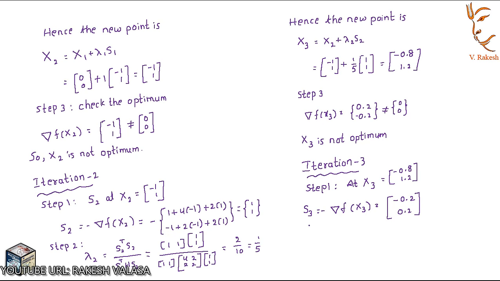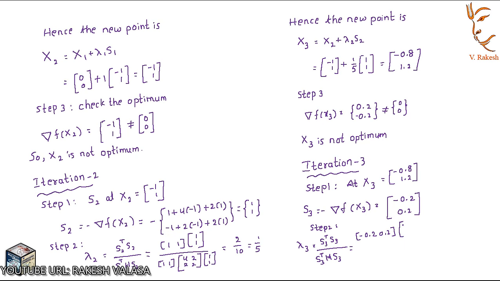Next, step 2 is calculate lambda 3. Lambda 3 equal to S3 transpose S3 by S3 transpose H S3. Now substitute the matrices here. S3 transpose is minus 0.2, 0.2.